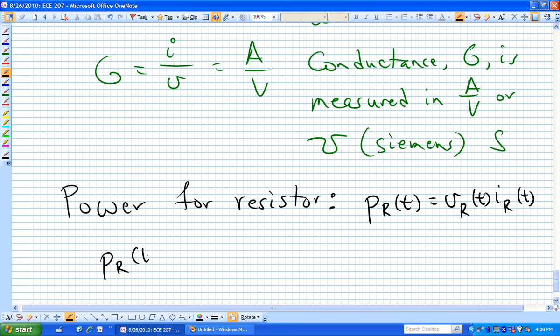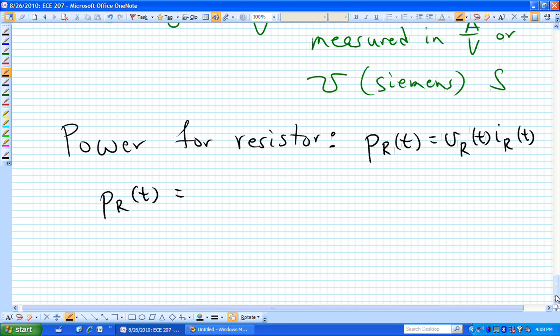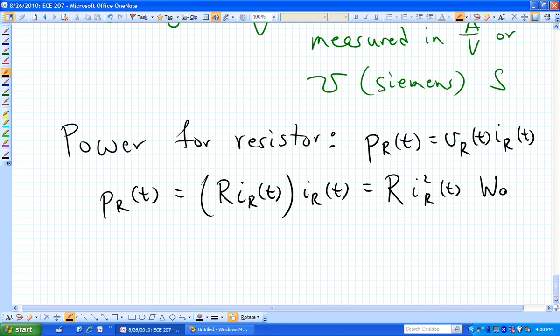And we can now write the power of a resistor in terms of either current and resistance or voltage and resistance. Suppose we get rid of the voltage, which we know is R times I sub R of t, and that's times I sub R of t. Or you may hear somebody say, oh, you have power loss in your resistor. Well, that's I squared R, or R times I sub R squared of t, and that's watts.